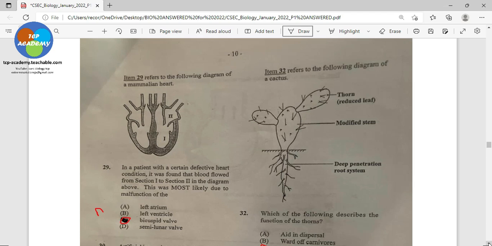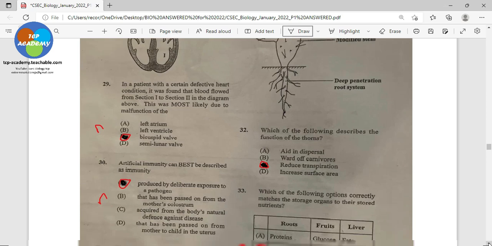This was most likely due to the malfunction of the bicuspid valve. Bicuspid valve, that valve there between the left atrium and the left ventricle.